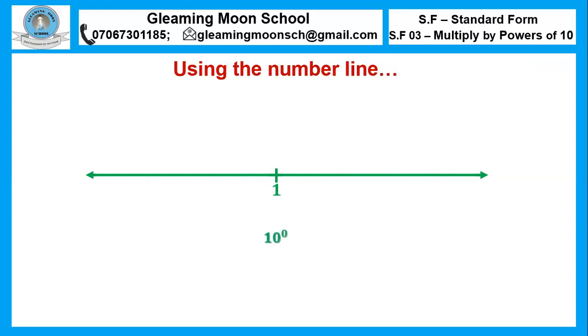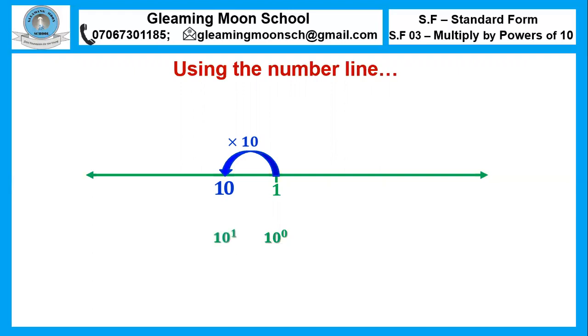Power 0. So if we start with 1, which is your unit place value, and we go towards the left 1 place, we multiply by 10. So 1 times 10 will give us 10. And 10 as a power of 10 is 10 raised to the power of 1.